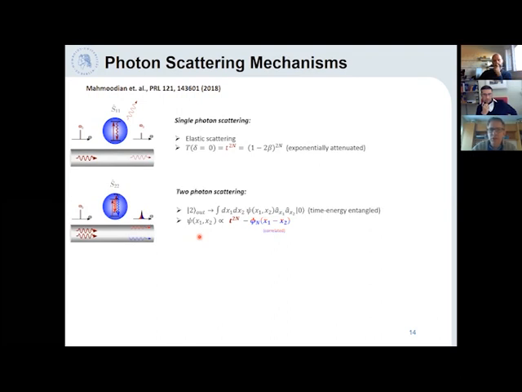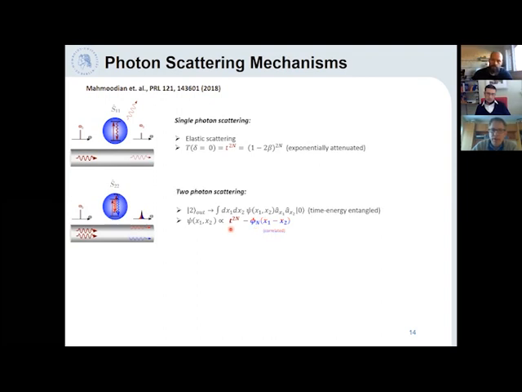Okay, so this is the correlated part of this wave function, and one can compute this. This is what was done here in the PRL by Mahmoodian et al. I will not give the expression, but just say that this is the wave function of the correlated photon pairs.